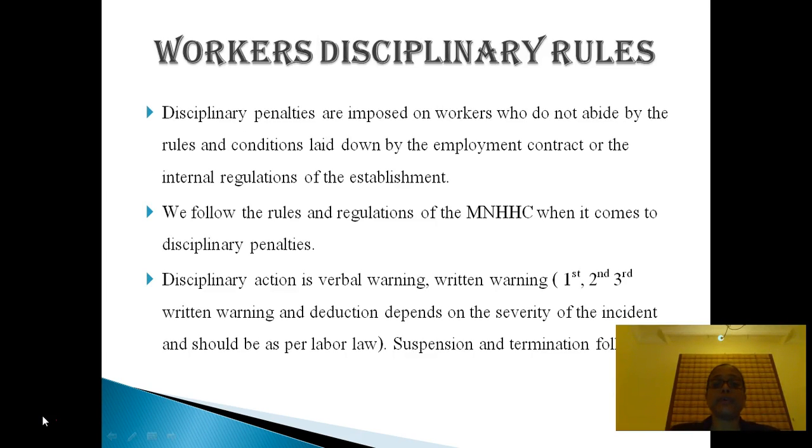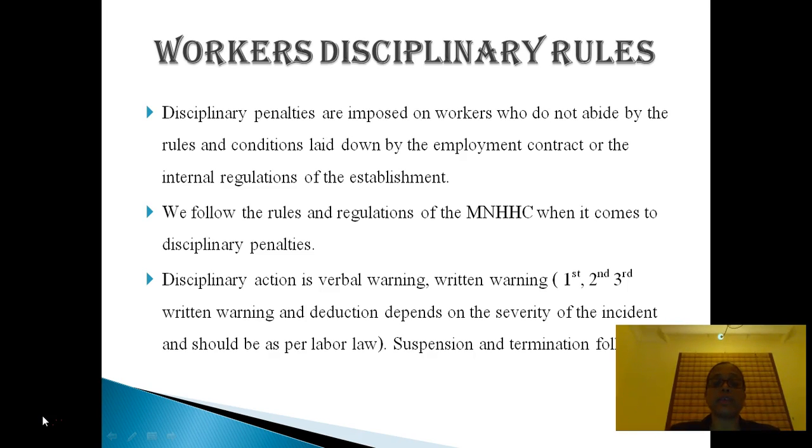Workers' disciplinary rules. Disciplinary penalties are imposed on workers who do not abide by the rules and conditions laid down by the employment contract or the internal regulations of the establishment. We follow the rules and regulations of Mulasama Nursing and Home Healthcare when it comes to disciplinary penalties.